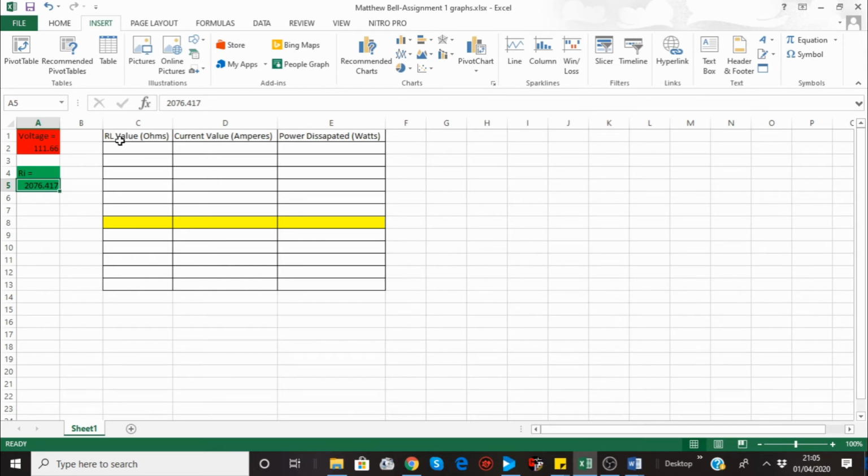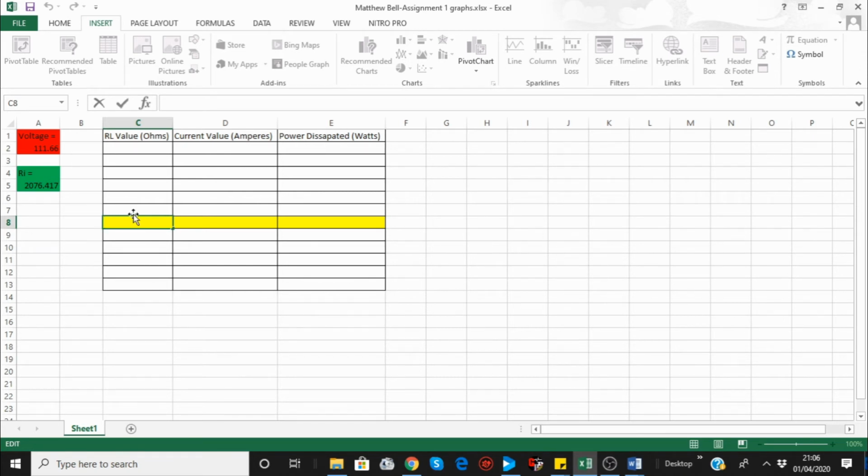Just say RL, resistance of the load, in ohms, current of the load, IL, in amps, and power dissipated in the load, PL, in watts. Then give a few rows of space for lower and higher values, and pick the middle one.